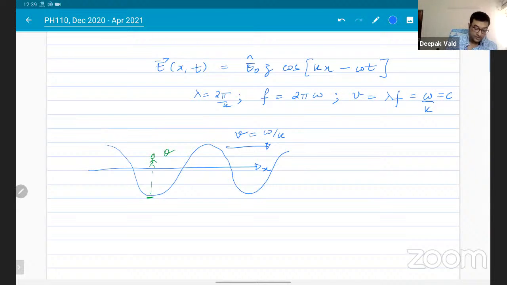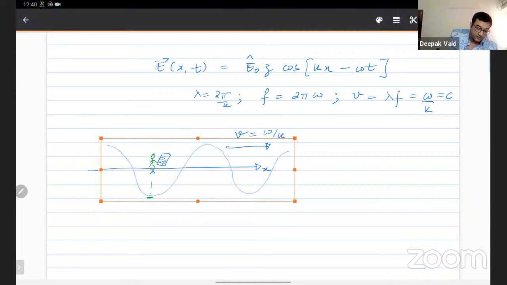What does this observer see? Now we say that let us put a detector in this observer's hand, and that detector measures the electric field at this location. What does this observer measure?